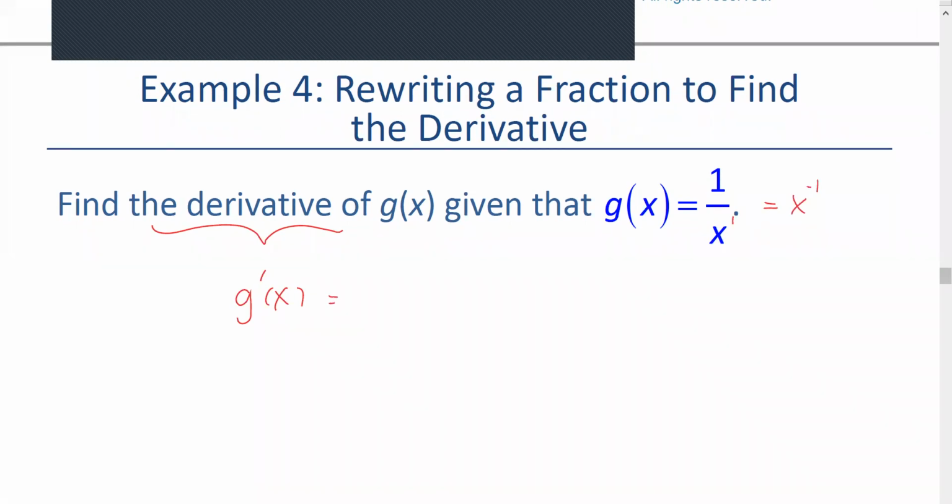So g prime, using the power rule, the power negative 1 now becomes negative 1 times x to the power negative 1 minus 1, or negative 1 x to the negative second, which is the same as negative 1 times 1 over x to the second, or negative 1 over x squared.